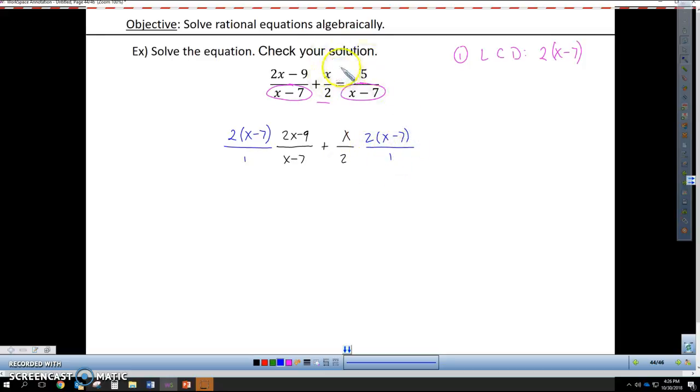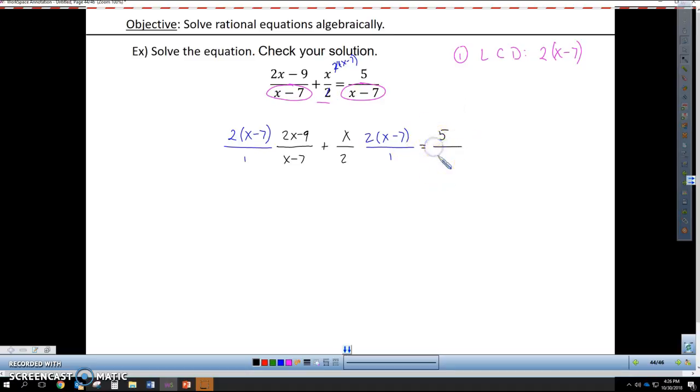If you like to save space, sometimes I'll write it like this just to take a shortcut, but make sure you're keeping track of what you're canceling, what you're not canceling, and what comes down. This is the mathematically correct and proper way, if you don't mind writing up extra space.